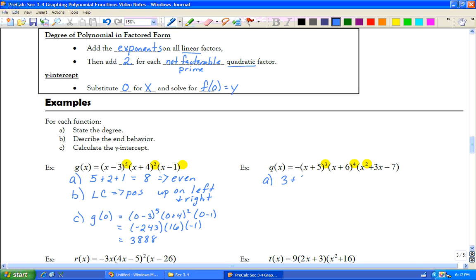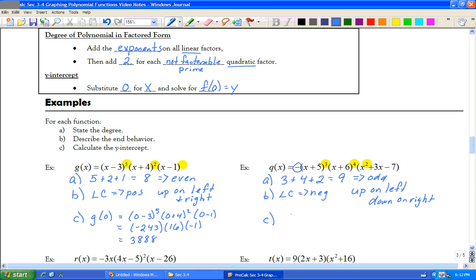We have 3 plus 4 plus 2, which gives us 9. And 9 is odd. It's going to help us with part B, describe the end behavior. Well, if you look, our leading coefficient is negative. And then with an odd degree, that tells us that we are up on the left and down on the right.